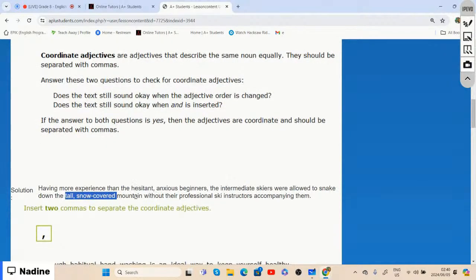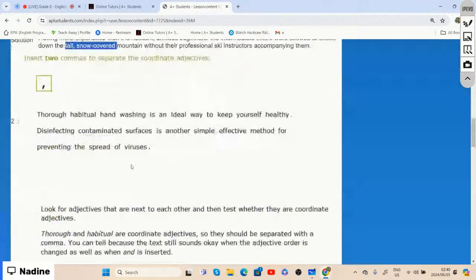All right, so now we're going to identify or insert two commas to separate coordinate adjectives, right? It says thorough habitual washing is an ideal way to keep yourself healthy. Disinfectant contaminated surfaces is another simple, effective method for preventing the spread of viruses.